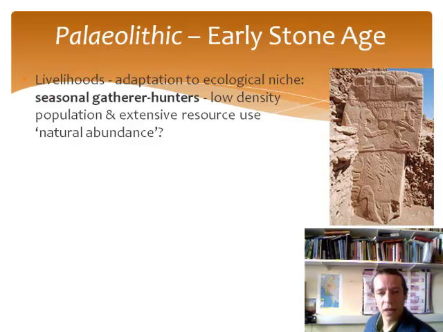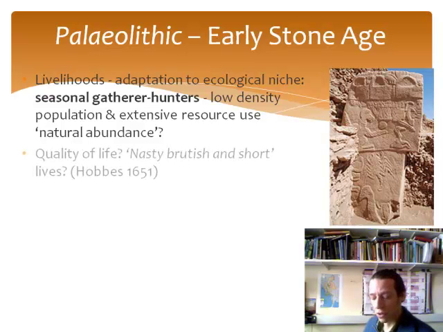And in those times, as the human population spread around the world, populations were typically quite low density, and they exploited natural resources extensively. So some evidence suggests actually that society enjoyed a natural abundance in some areas, in areas where there were more resources available.